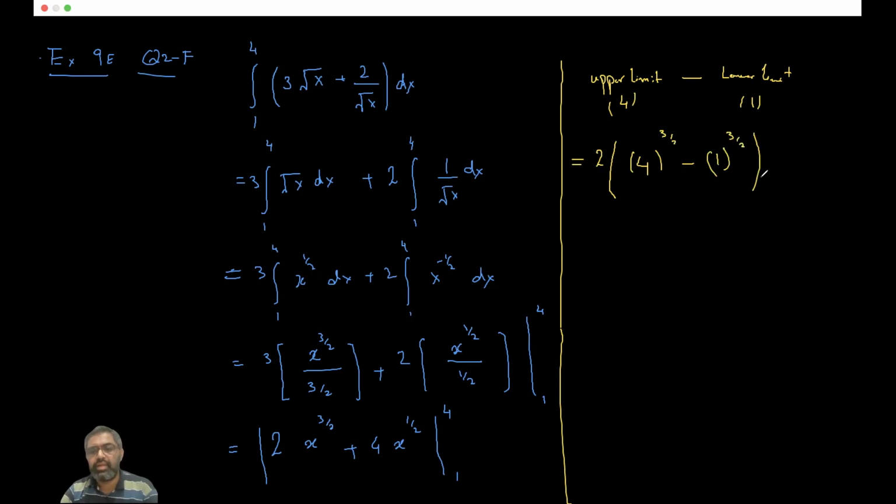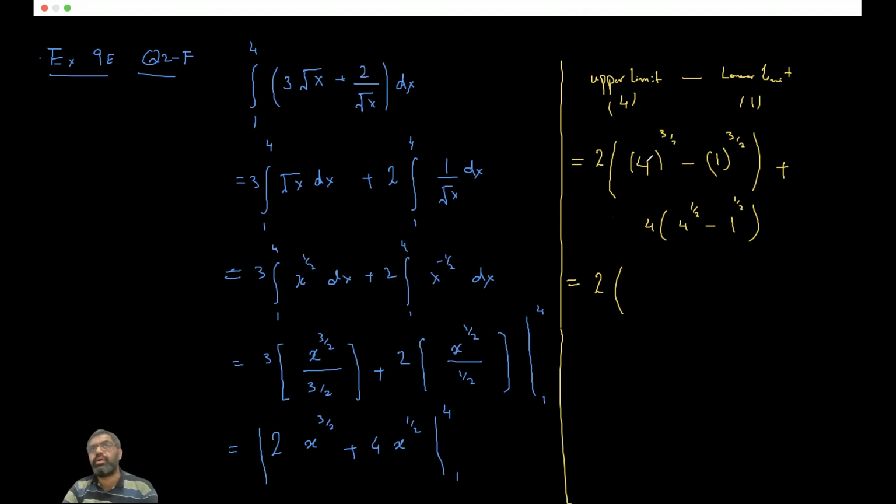And then plus 4 times 4 raised to power 1 by 2 minus 1 raised to power 1 by 2. 1 raised to anything is 1, so that makes it easy.